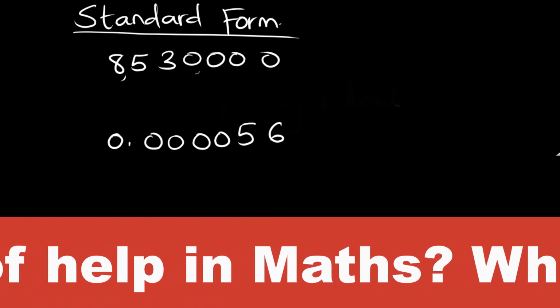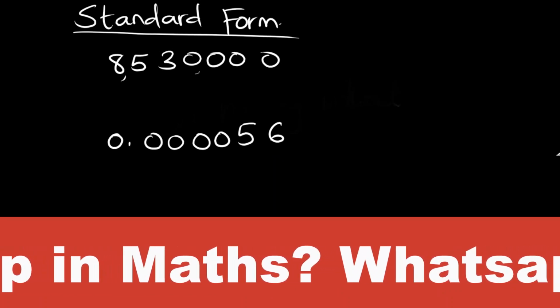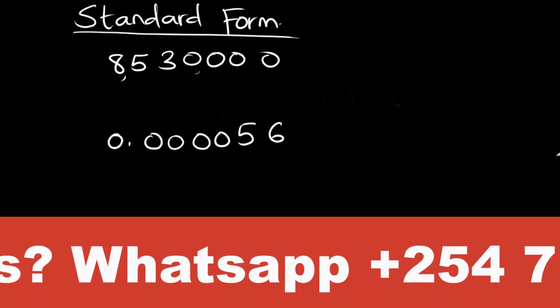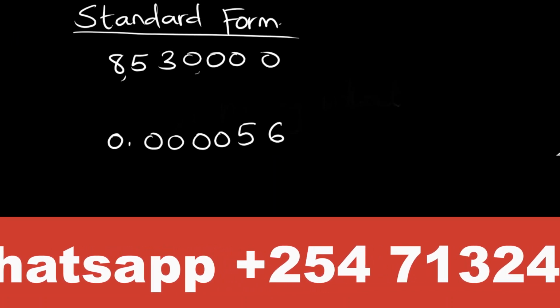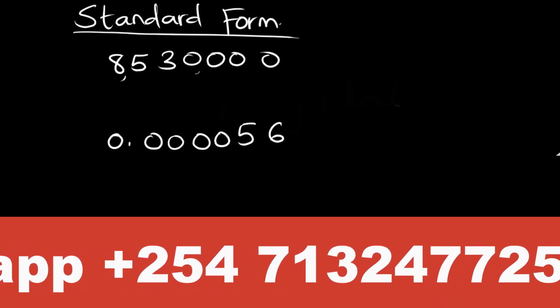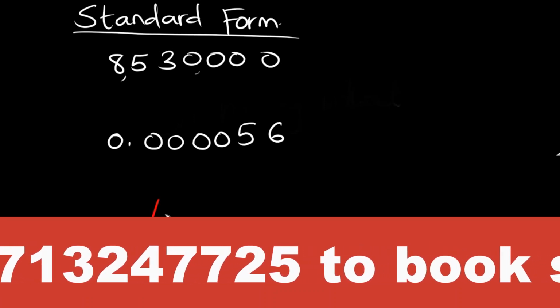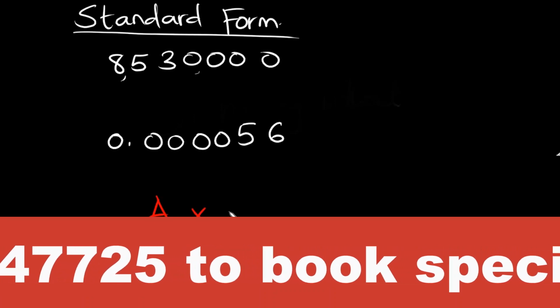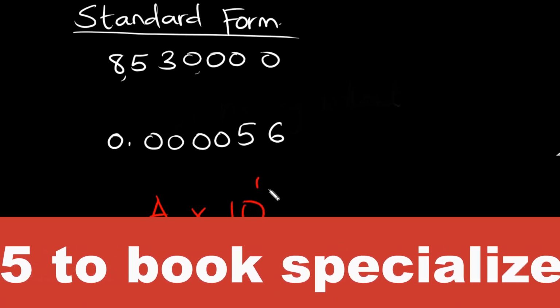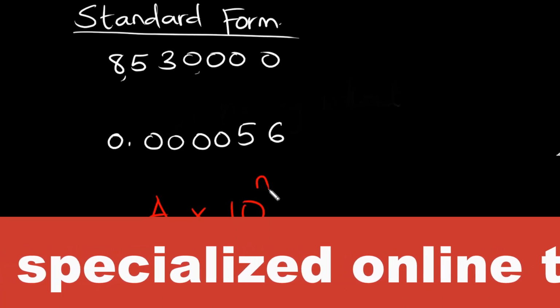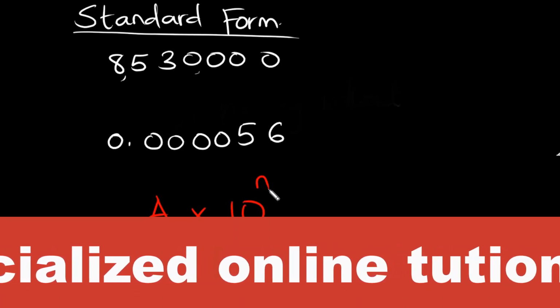So how do we write numbers in standard form? A number written in standard form usually follows this rule. I'm going to have a number a times 10 to the power of n. So this is the general format of a number written in standard form.